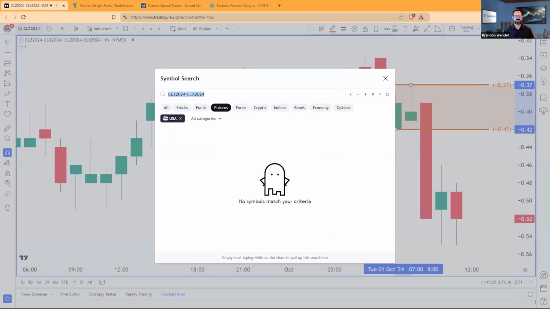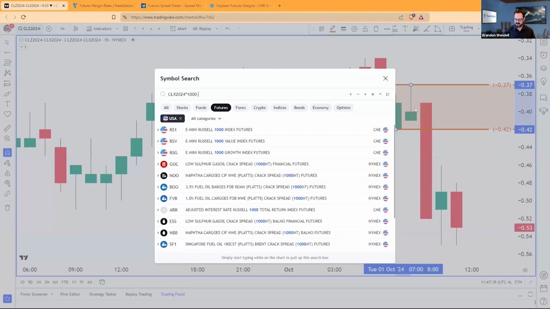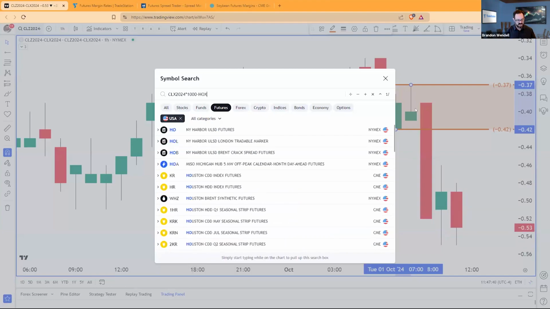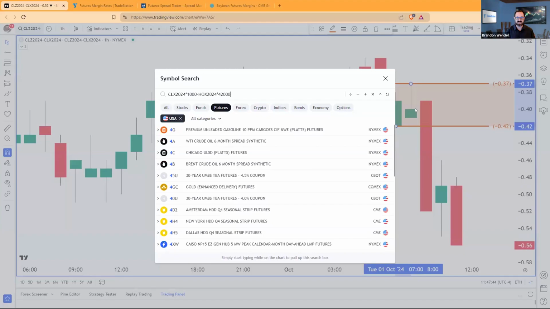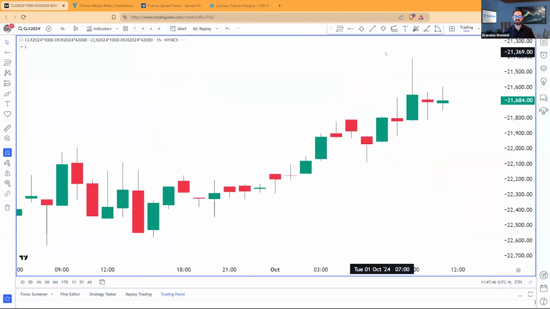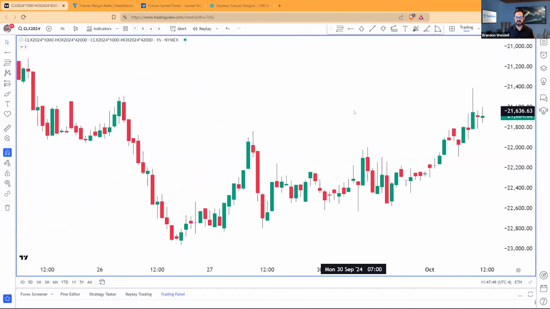But if I was doing crude oil versus heating oil, I just do CLZ, I'll do the X contracts, that's the current month. It's 1 crude oil times 1,000 for the notional value minus HOX 2024 times 42,000. That's the point value. And there we have our chart.